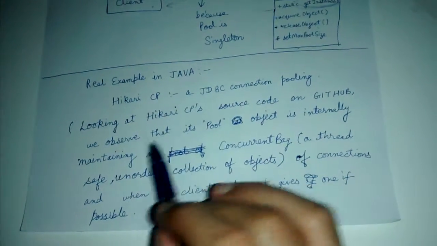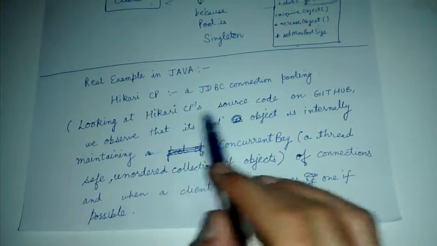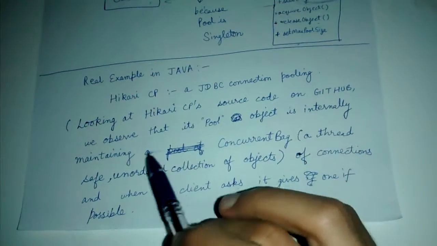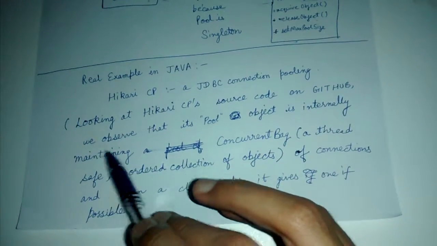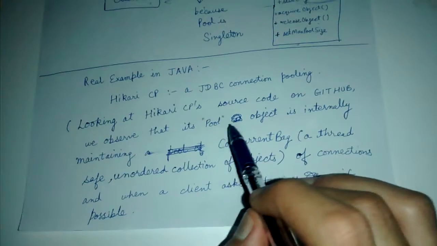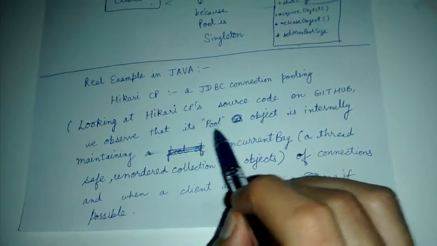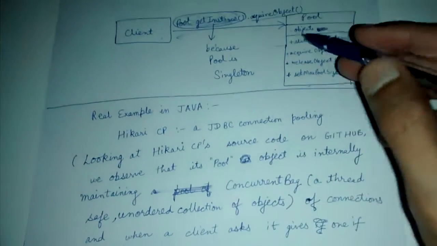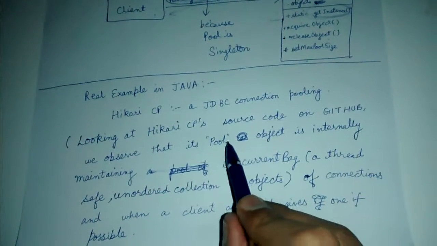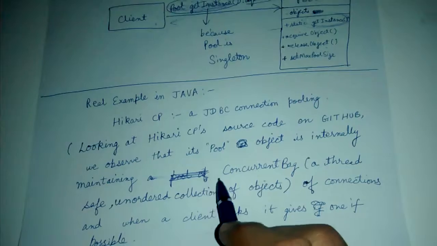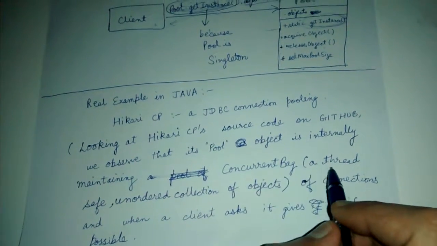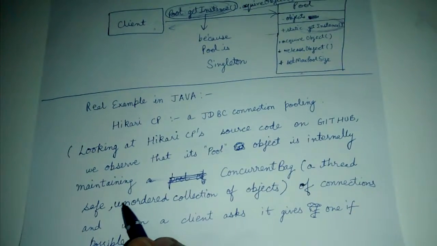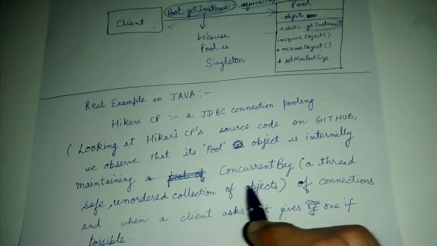This is a small thing which I discovered while looking at Hikari CP's source code on GitHub. It is freely available. We observe that the pool object is internally maintaining a concurrent bag, which is a thread-safe unordered collection of objects.